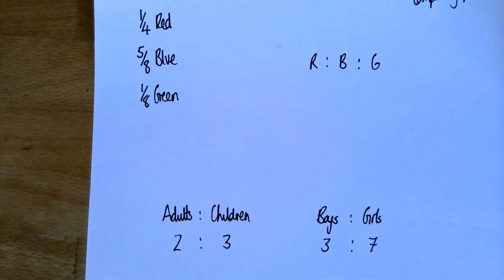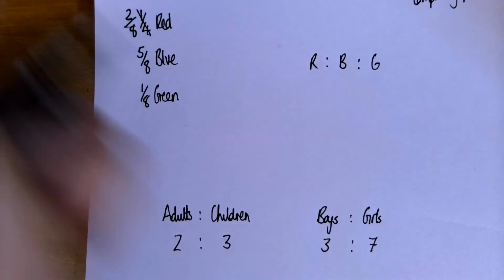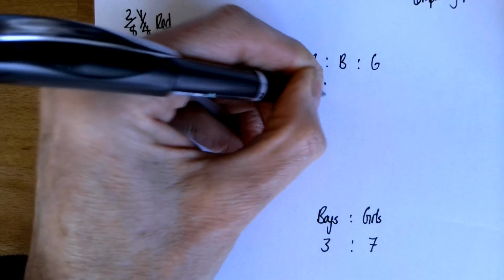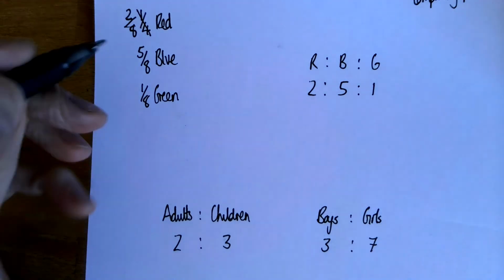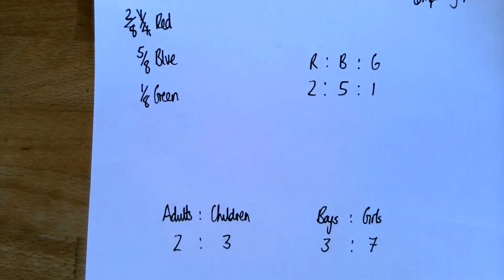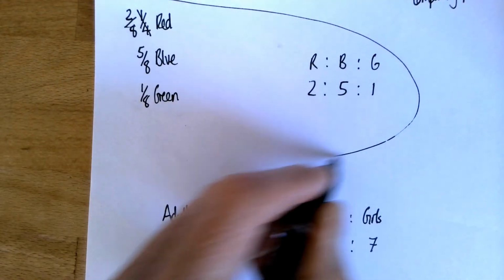First thing I need to understand is that in order to do that I really want these written with a common denominator, so I'm going to rewrite 1/4 as 2/8, just double numerator and denominator. So now I have got 2, 5, 1. Needed to get a common denominator to do that, but that's the answer. So that's the first example.